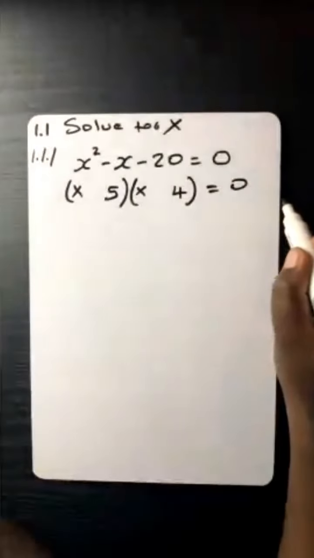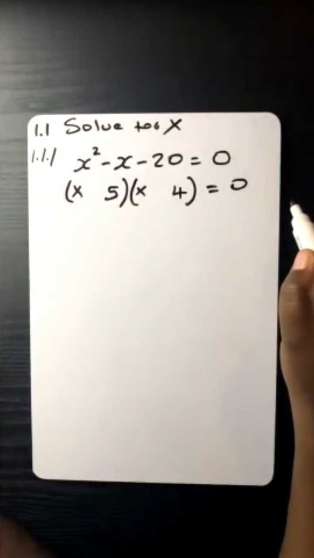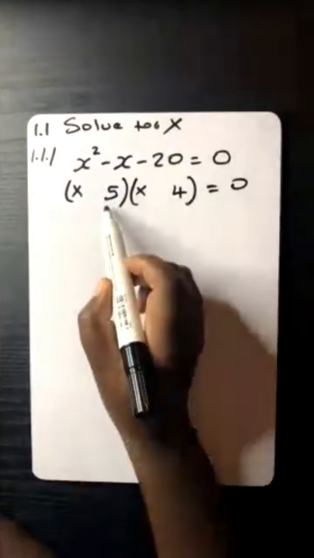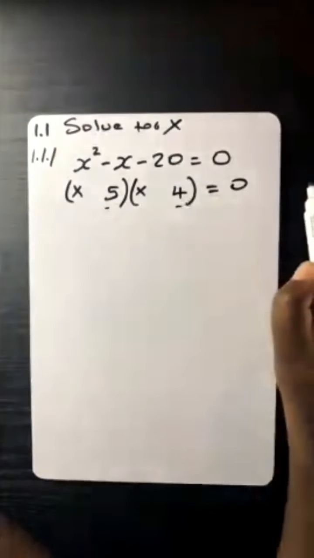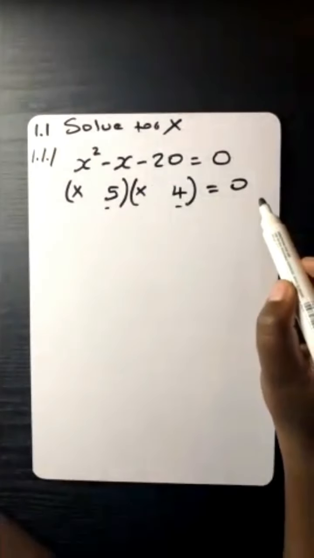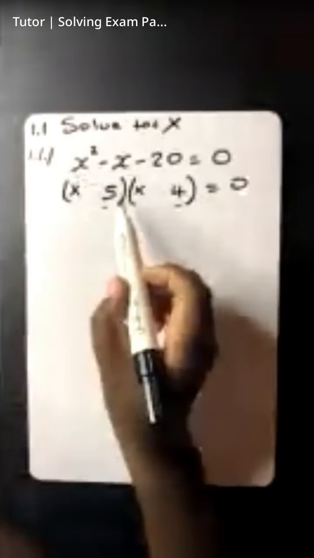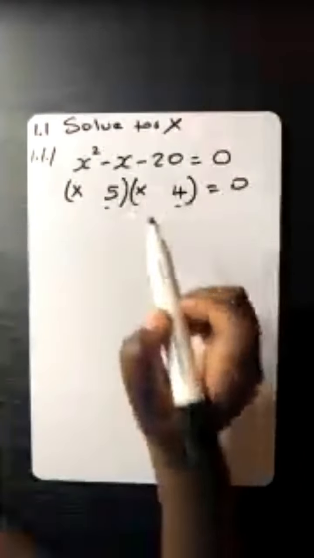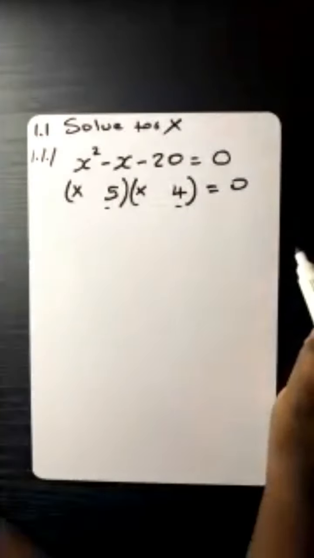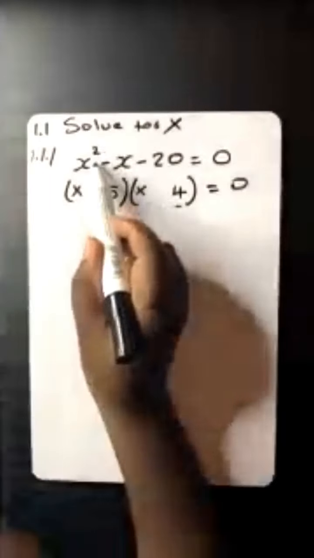So ladies and gentlemen, in terms of the signs between these two values, the bigger number takes the sign of the middle term. If you've got 5 and 4, obviously 5 is the bigger number. It therefore takes the sign of the middle term.